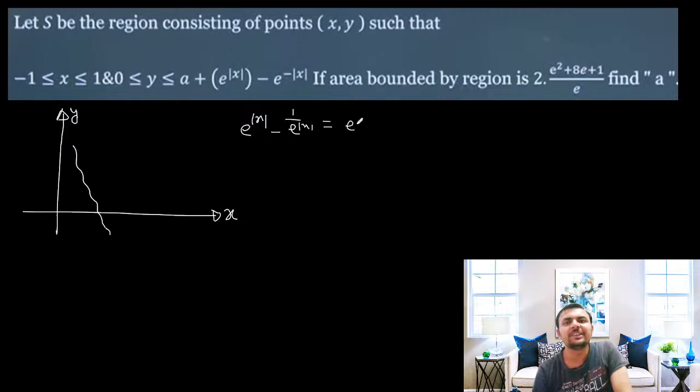So it is e to the power 2 mod x minus 1 upon e to the power mod x. So it is e to the power mod x plus 1. So it is 0 at plus 1. And if a is positive, okay, we don't know the sign of a. a is some number which may help us to shift up and down.